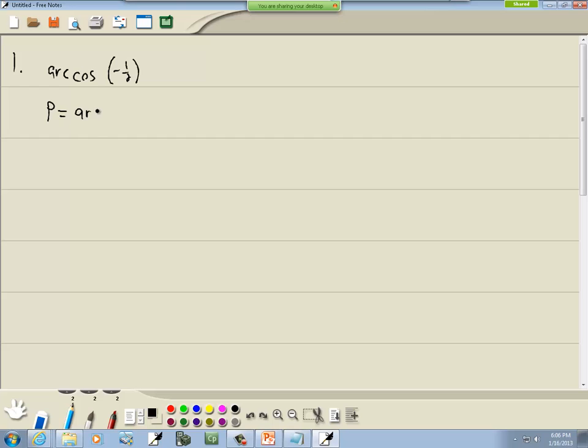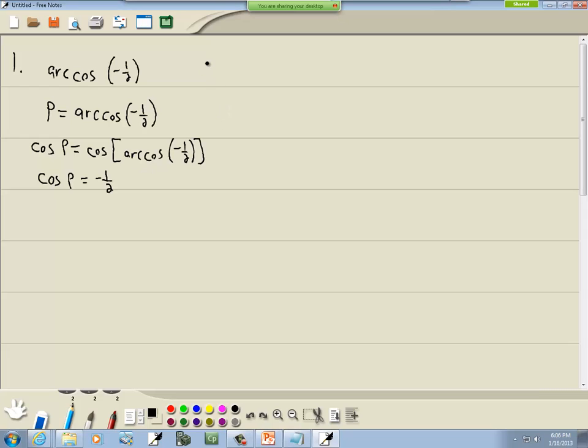Set it equal to p, for example. Now we can take cosine of both sides, and we've got cosine of arc cosine of negative 1/2. And so we end up with cosine p is equal to negative 1/2, because cosine and arc cosine cancel each other out.